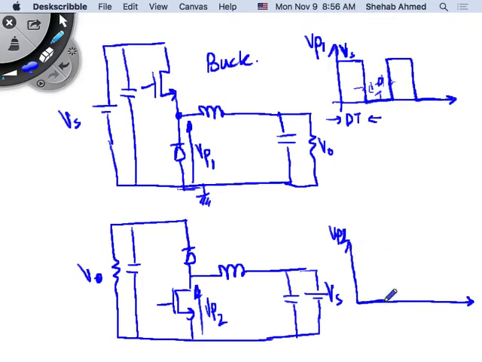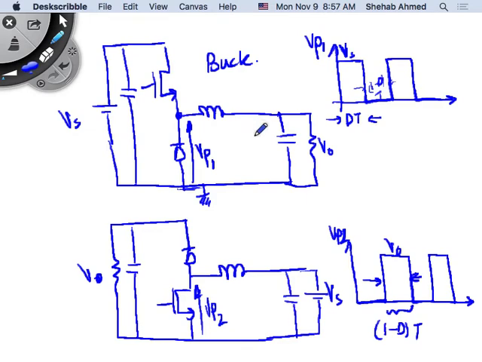So it's 0 initially, and then V output. What is the time for this being on? No, it's 1 minus d times t, right? So this has a peak value of V output, and this has a peak value of Vs.